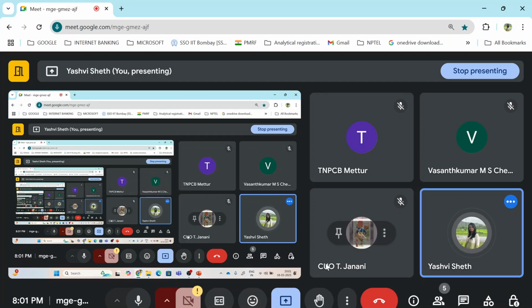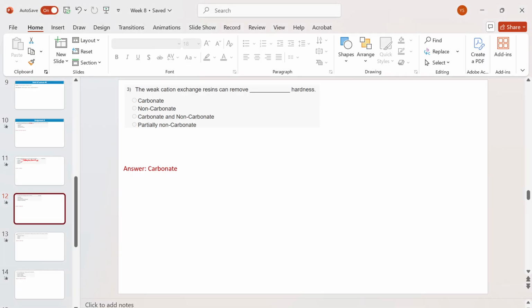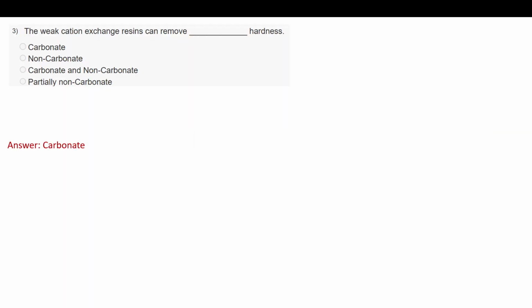Yeah, so weak cation exchange resin can remove carbonate hardness, right? Because as we have discussed, I have already explained why it can remove only carbonate, or it is more efficient for carbonate hardness.